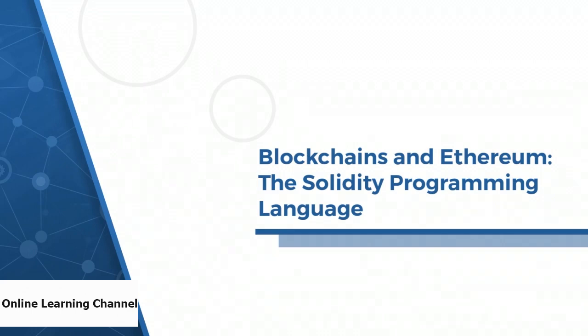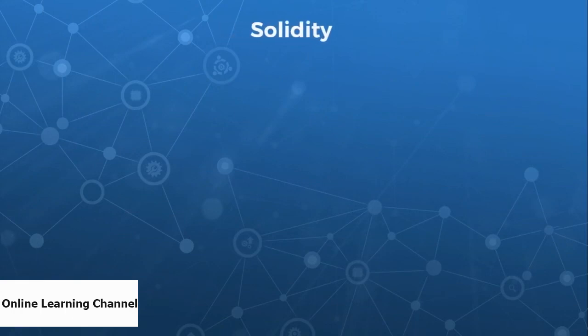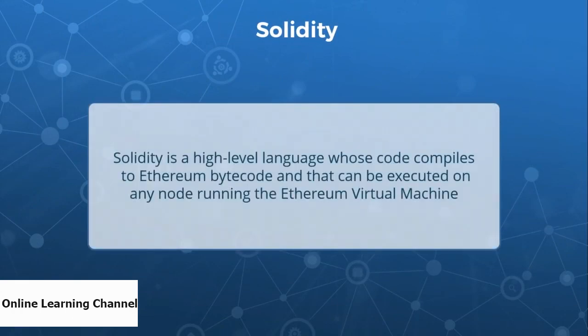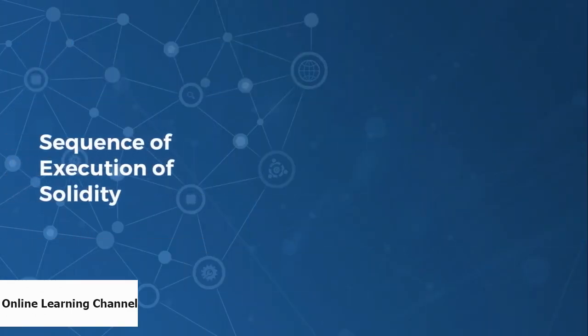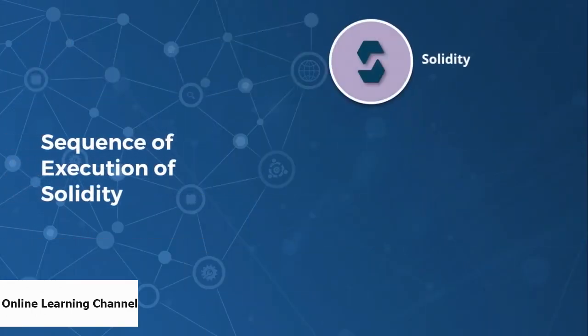So what exactly is Solidity in a nutshell? Well, we can describe it as a high-level programming language whose code compiles into the Ethereum bytecode. It is this bytecode which can be executed on any node which runs the Ethereum virtual machine. So just to summarize how that works, you will write your smart contract using the Solidity programming language.